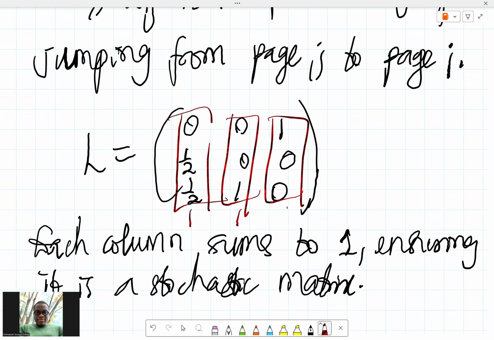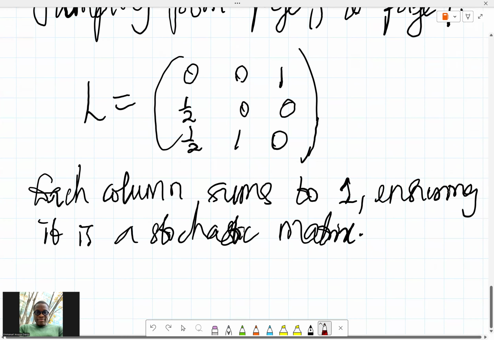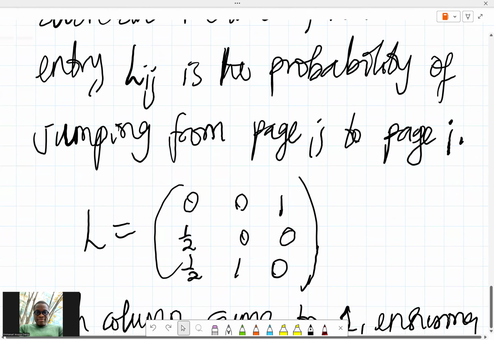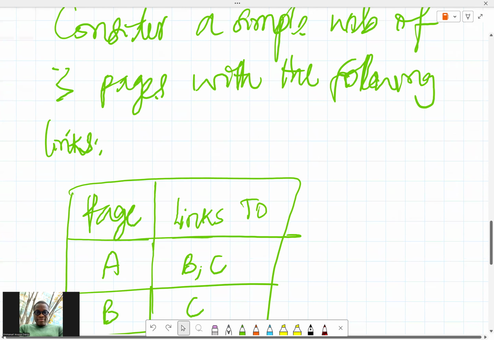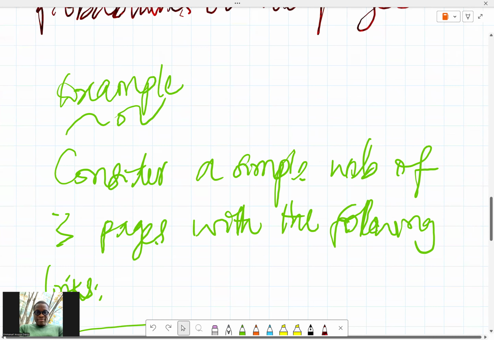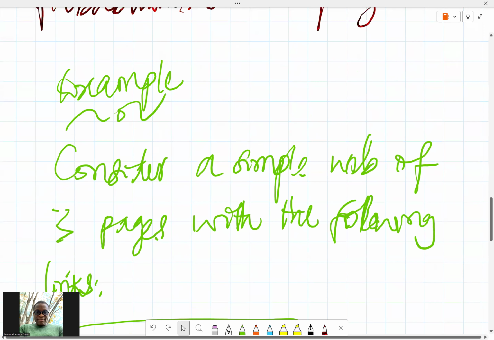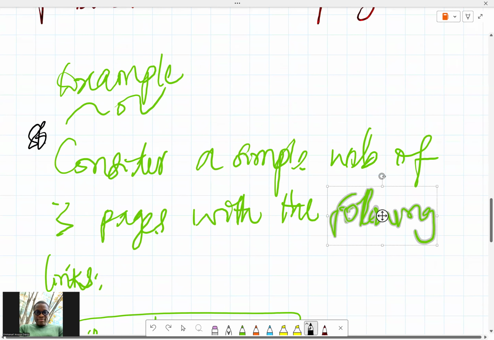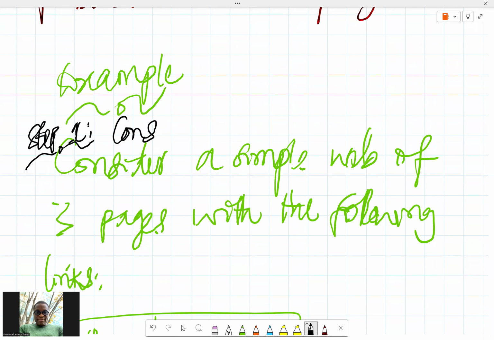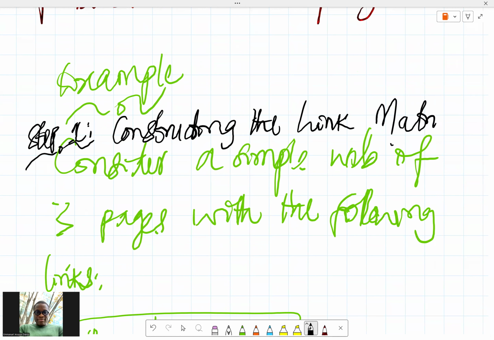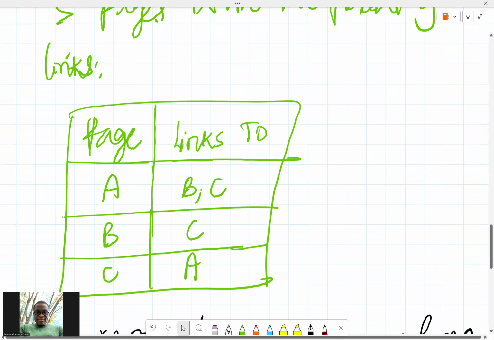That's ensuring that it is a stochastic matrix. Now, that's step 1 so far. Step 1 for the worked example is constructing the link matrix, and that is what we ended up constructing right here.